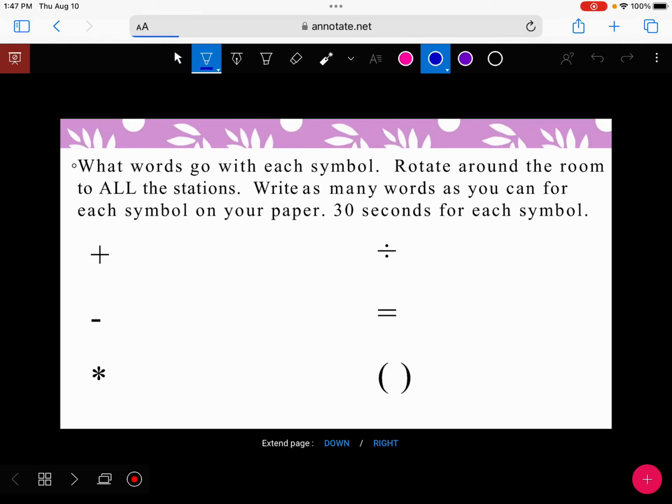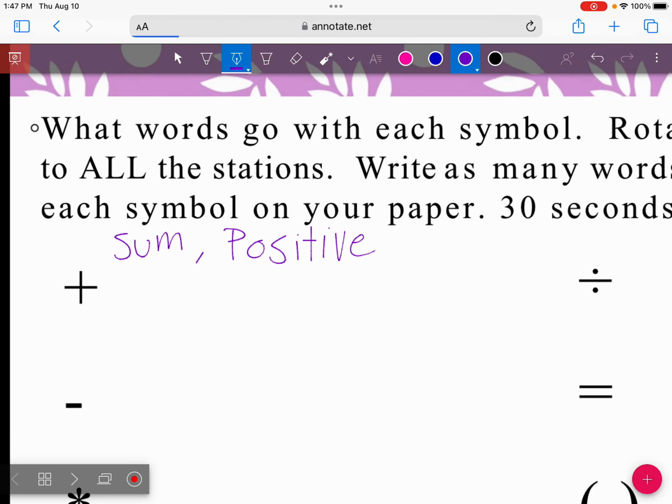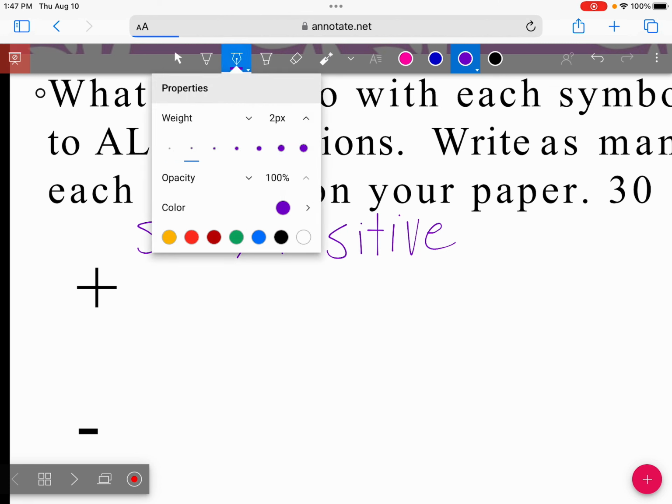So some of the words you guys came up with for our plus sign: we had things like sum, and we had positive. And I'm going to make this a little bigger.